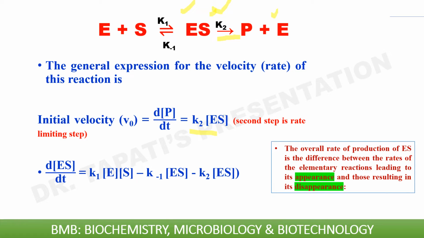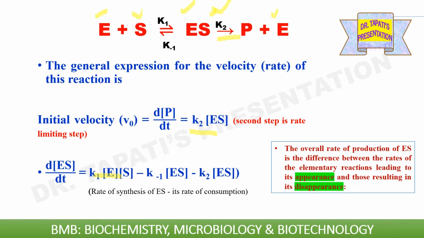In that case, d[ES]/dt will be k1 times the concentration of E times the concentration of S, minus, because here disappearance occurs, k-1 times ES, and then again disappearance occurs in the second step, therefore minus k2 times ES.